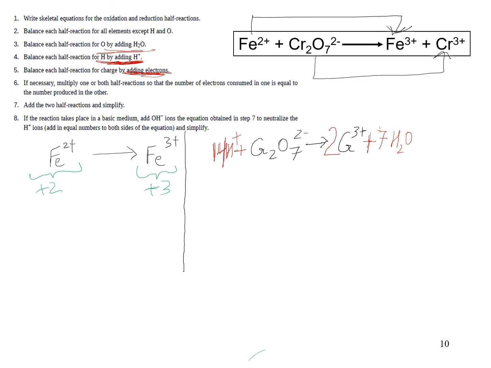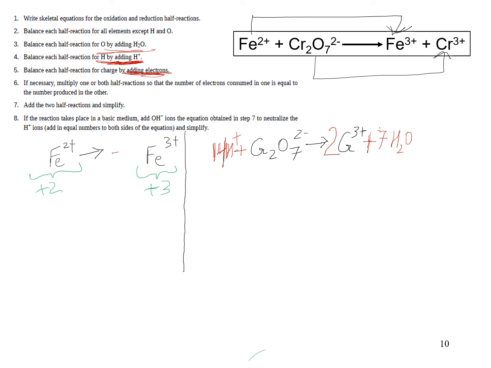So let's add electrons on the reactant side. Again, remember you can only add electrons. This is +2, this is +3, and I can only make it equal to the lower charge. So in order to make this +3 equal to +2, what do I need? I need one extra electron.